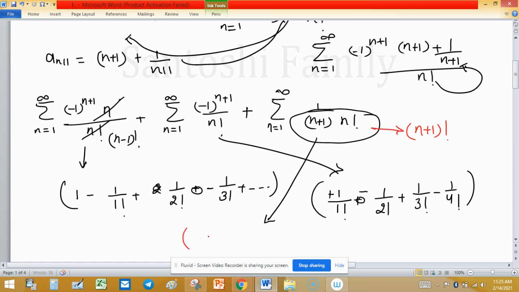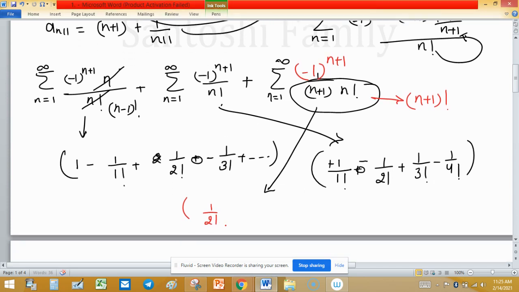So minus 1 raised to the power n plus 1 will also be there. So when n is 1, the first term is positive, so 1 upon 2 factorial, the next term will be negative, 1 upon 3 factorial, plus 1 upon 4 factorial, minus, and so on.